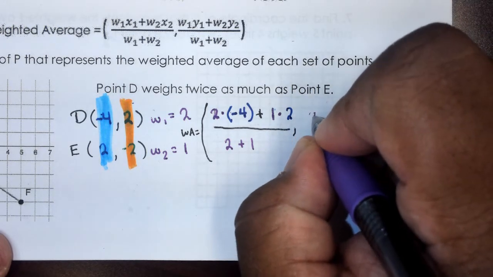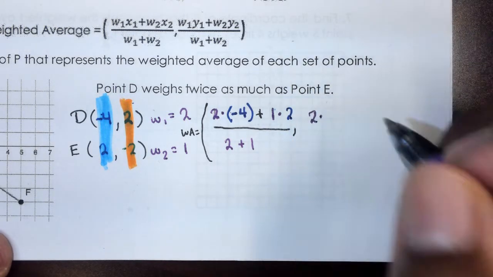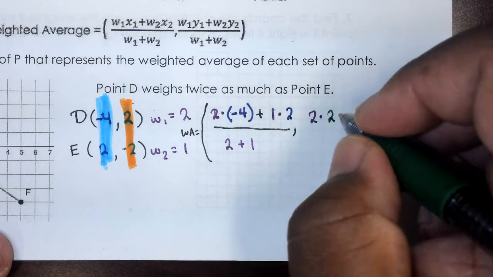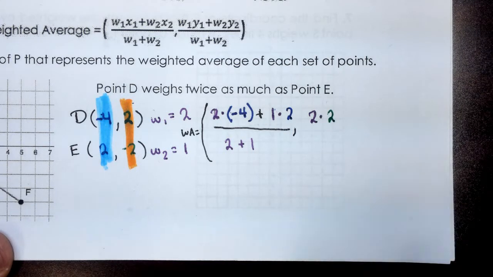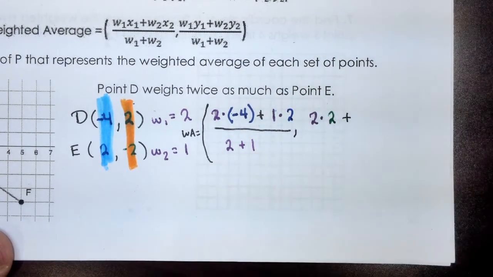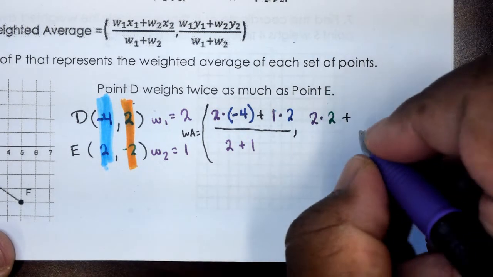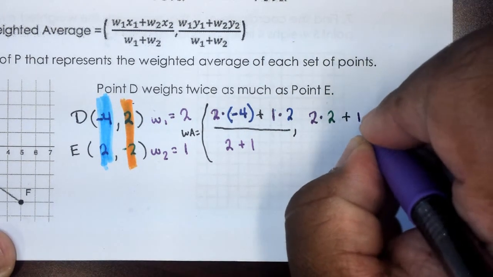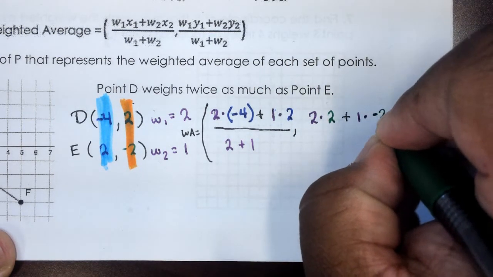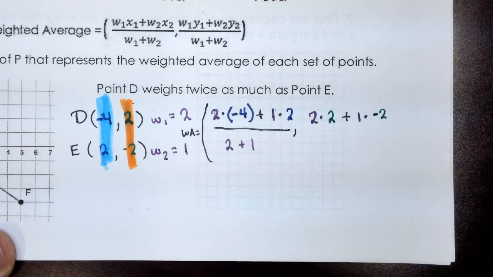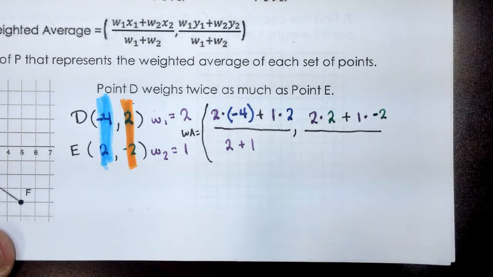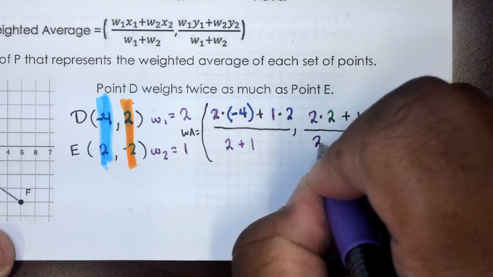So it's going to be 2 times my Y value, which was 2, plus 1 times my other Y value, which is -2. Divided by 2 plus 1 again.